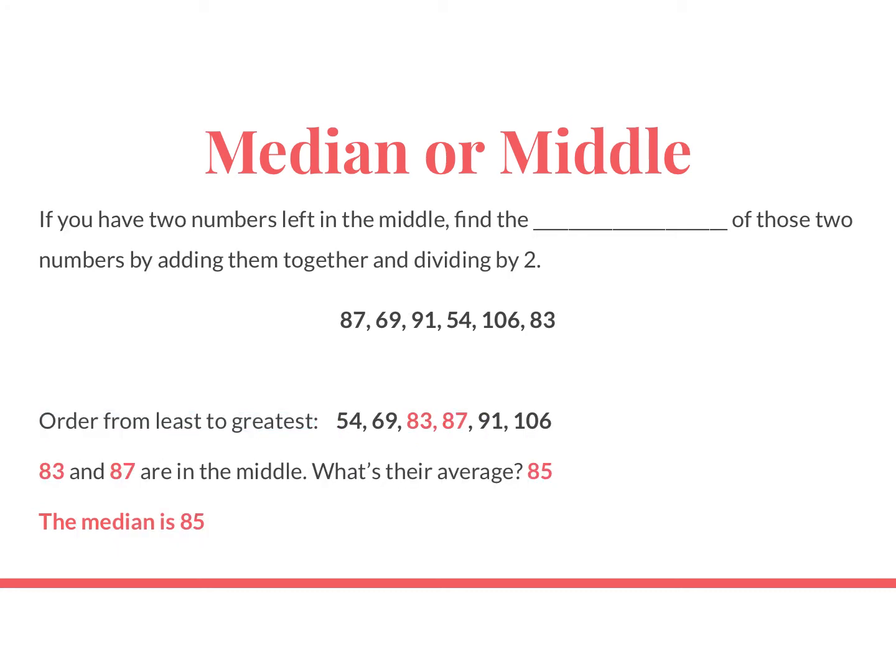When finding the median, if you have 2 numbers left in the middle, find the mean of those 2 numbers. We can do this by adding them together and then dividing by 2. Down below, we have a data set, and our first step is to reorder the numbers from least to greatest. So that's been done for us. Next, we need to cross out numbers on both sides one at a time until we reach the number in the middle.